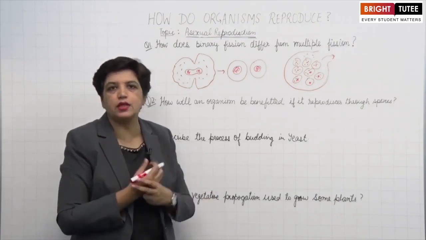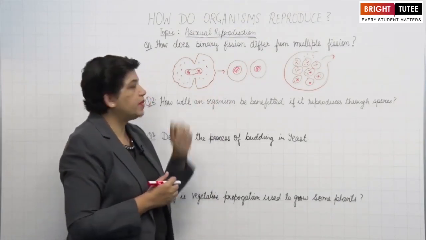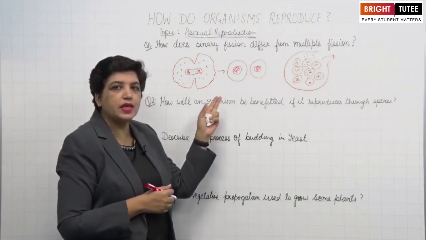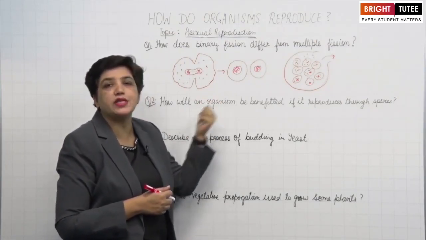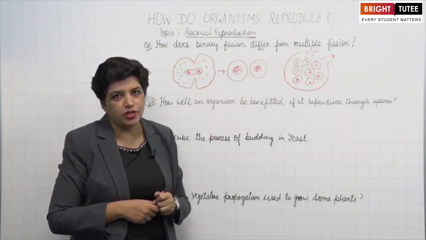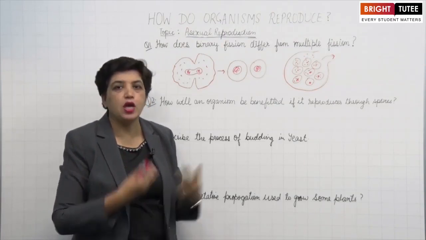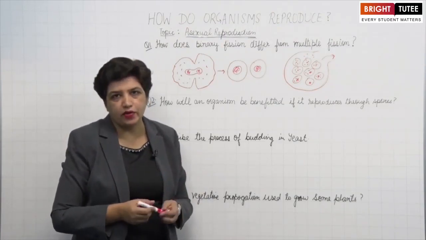It protects each cell. But there is no such cyst formation in binary fission. An example of binary fission is amoeba, another example is paramecium. An example for multiple fission is Plasmodium. So these are the differences between binary fission and multiple fission. You can explain them along with the diagram.